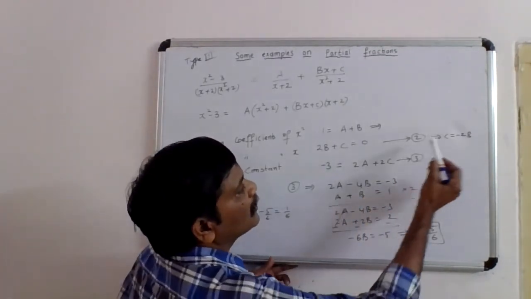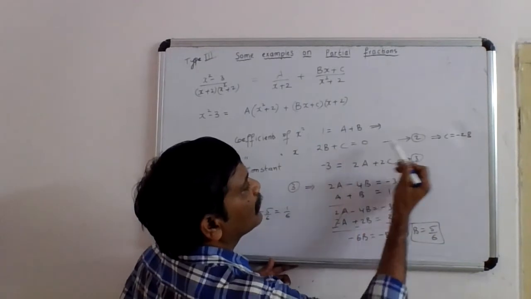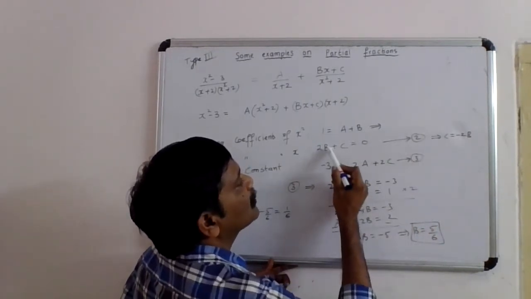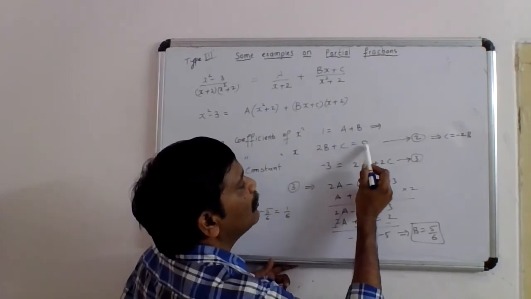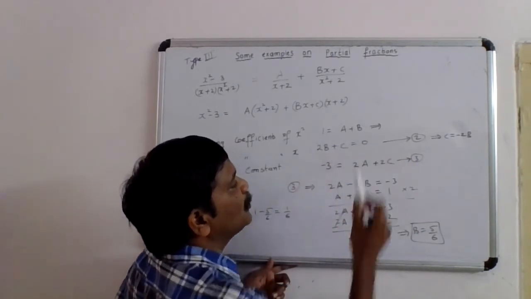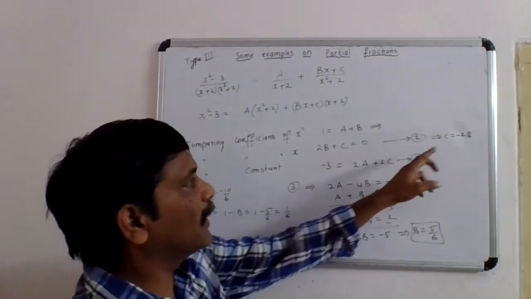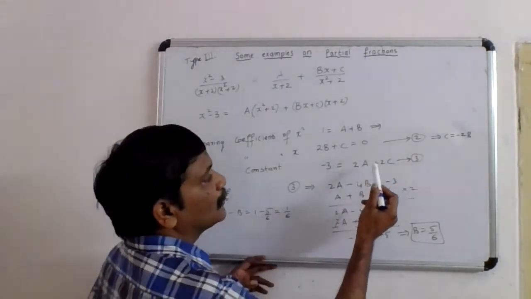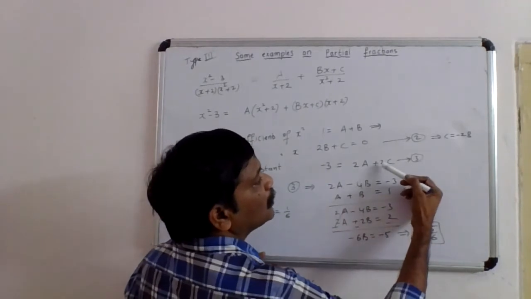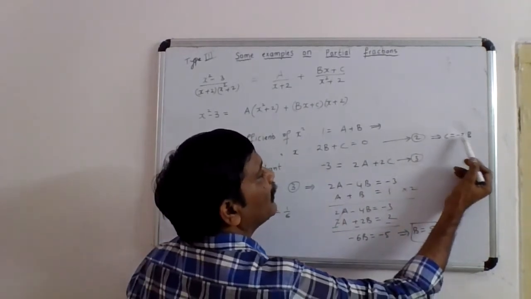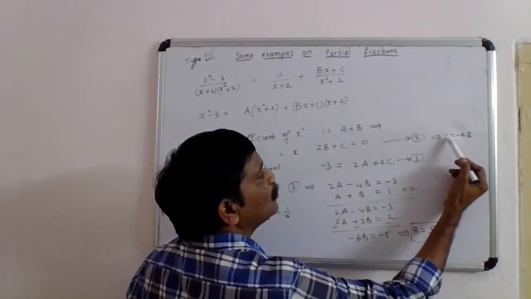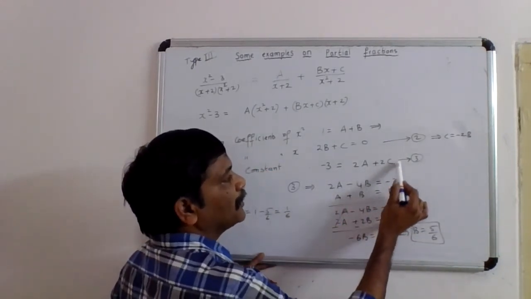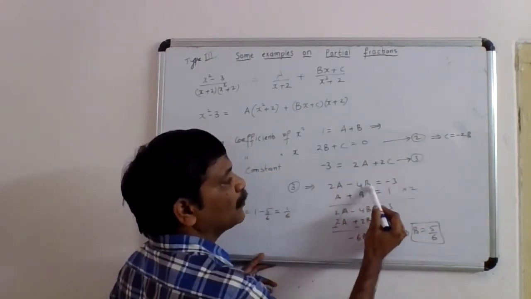Now from this equation I can take c is equal to minus 2b, because c plus 2b is equal to 0. By subtracting 2b on both sides, I can get c is equal to minus 2b. Now 2c means multiplying 2 on both sides, therefore 2c would become minus 4b. In this equation, in the place of 2c I wrote minus 4b.